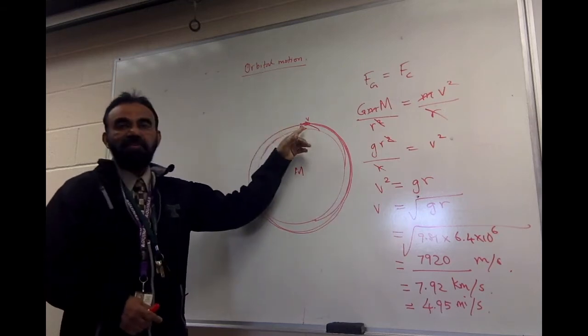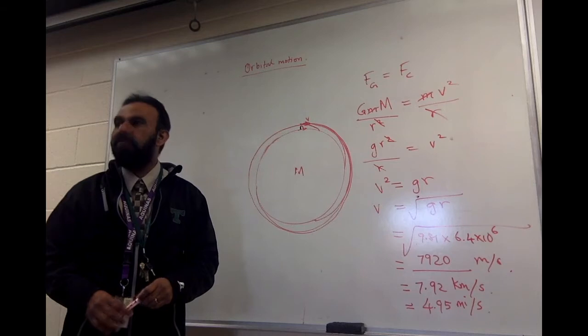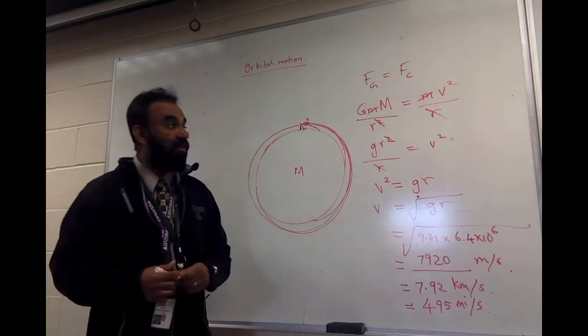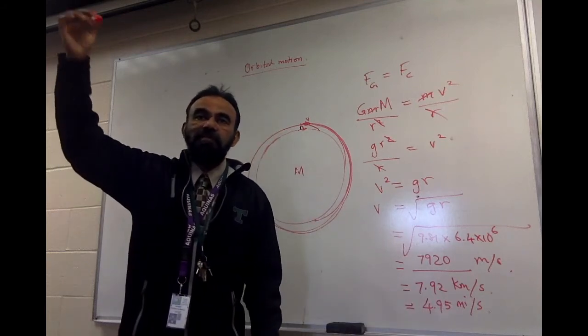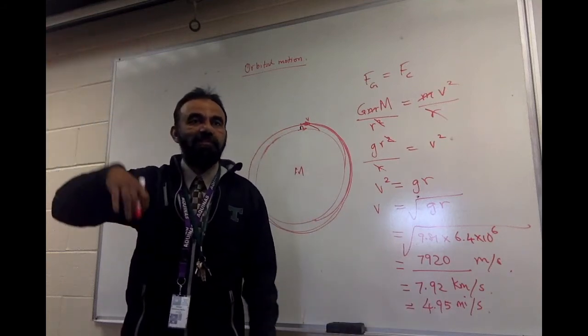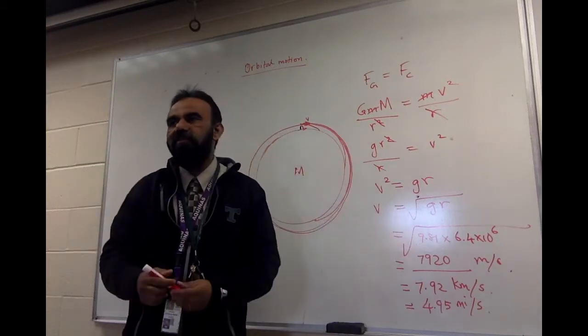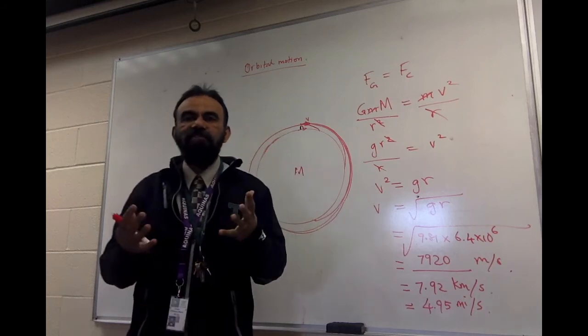Now, the practical difficulty of something so close to the Earth's surface is that air resistance is a killer. It will reduce the speed and it will burn the object up. So no object is going to survive at that speed. That's why when something enters our atmosphere from outer space, it burns off, unless it's really, really big. It just burns off because of friction.